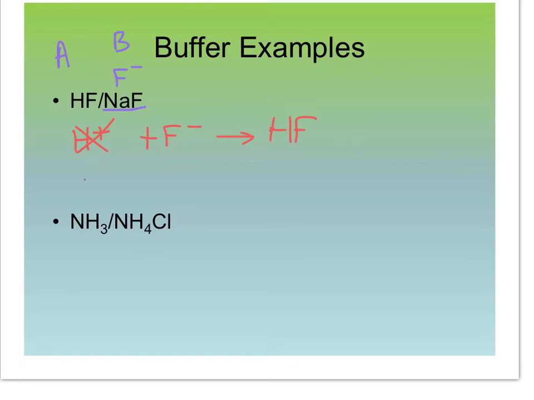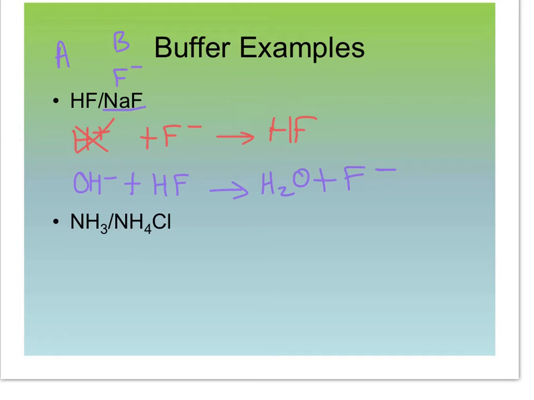Now let's try it if I were to add a base to it. So let's say I add some hydroxide ions. Which part of the buffer would react with it? Since this is a base, I'm going to react it with the acidic portion of the buffer, and so I would react it with my HF. What I'll form would be H2O and F minus.